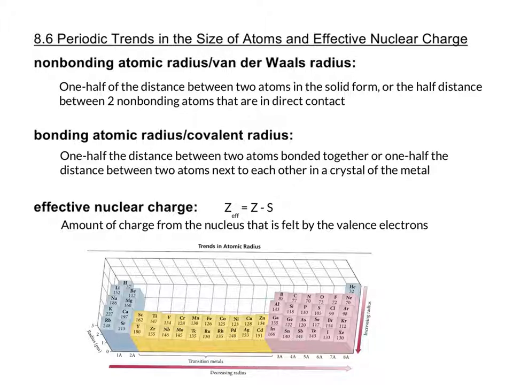So that energy level is getting more full, but it's not being shielded by any additional electrons, which means that the extra positive charge in the nucleus can pull those electrons in more, okay? So as we go across from left to right, the atomic radius tends to get smaller, right? We're going to review this, but these are trends that you should know, hopefully, but this can serve as a little bit of a refresher.